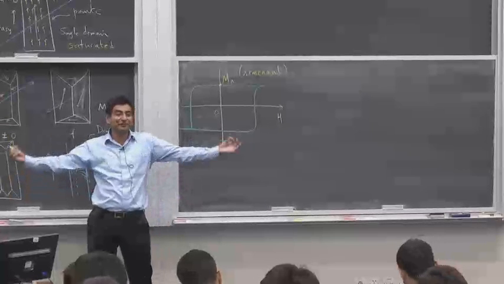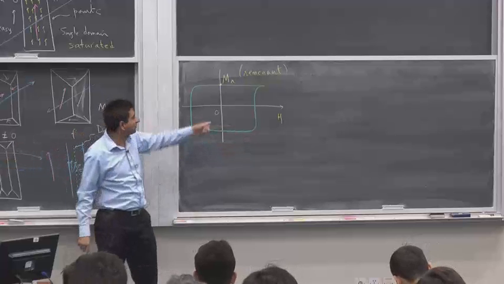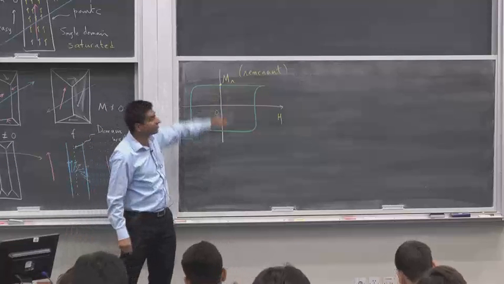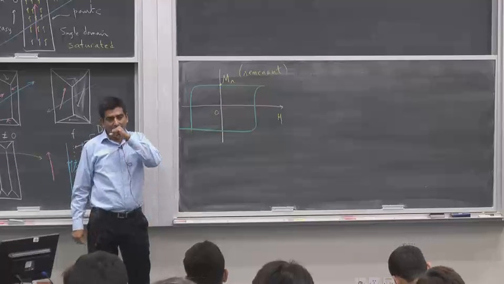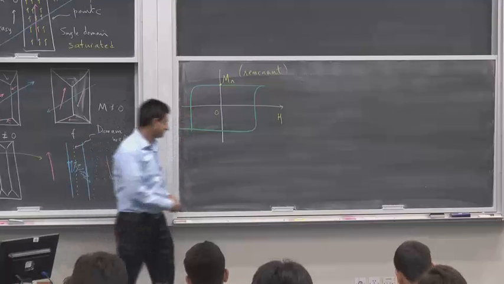So for certain materials you would like a hysteresis curve like this which has a large remnant magnetization. The coercivity, by the way, is also large here.